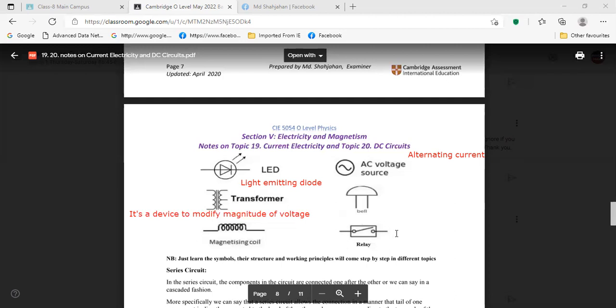Okay, now relay. Relay is one kind of device that we are using. You saw one circuit in topic 17, that if one circuit is on, then the other circuit is off.